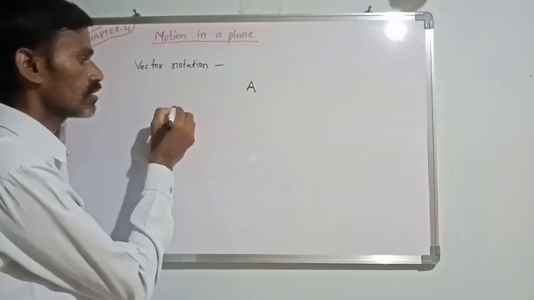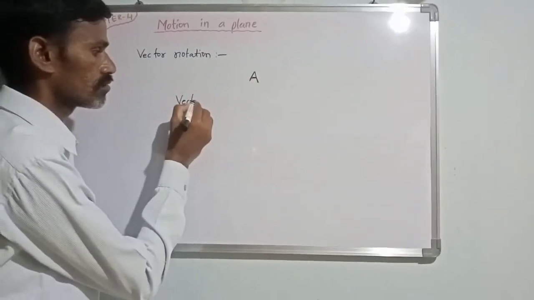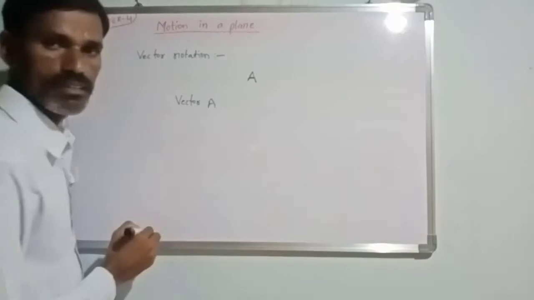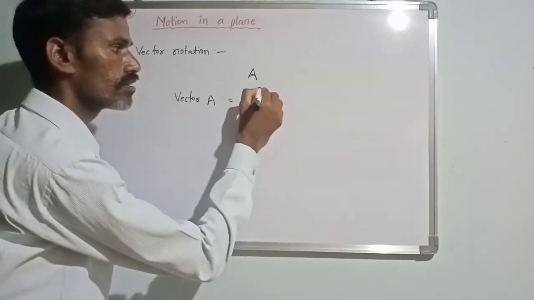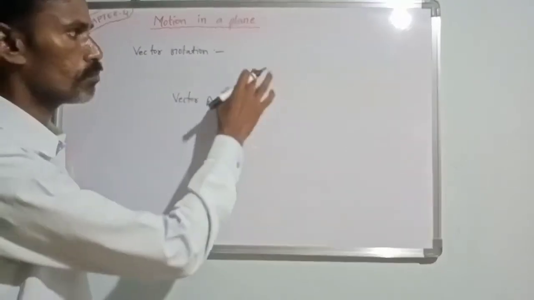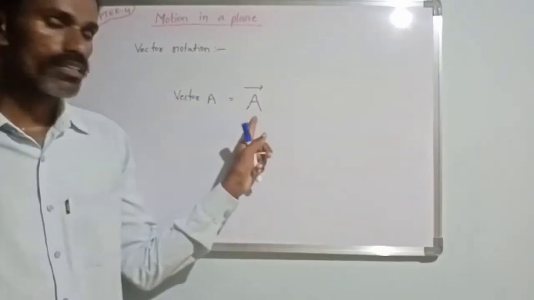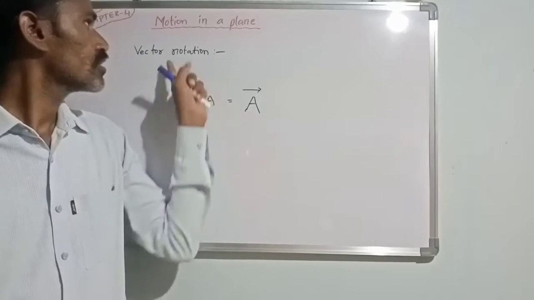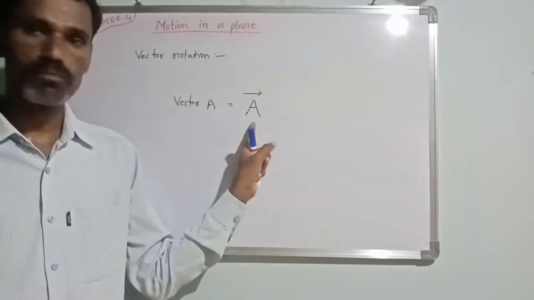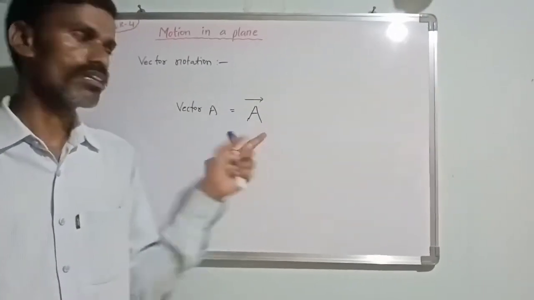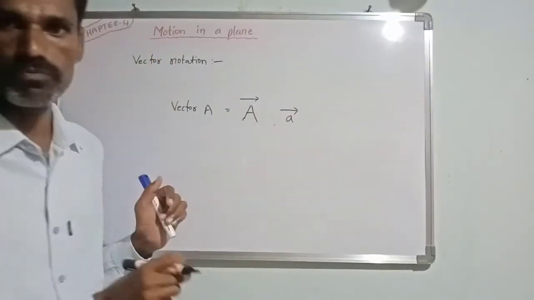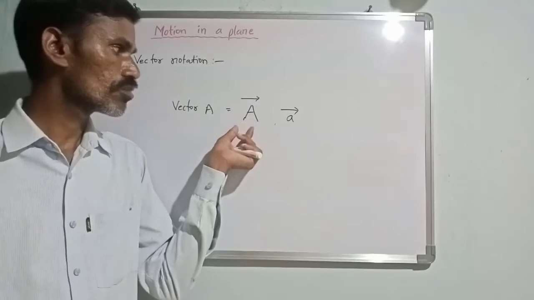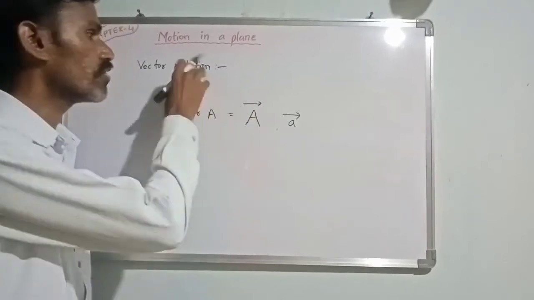Suppose to represent vector A, it is represented as A bar. In some books small a is also used, but in bold form. So this is the vector A.